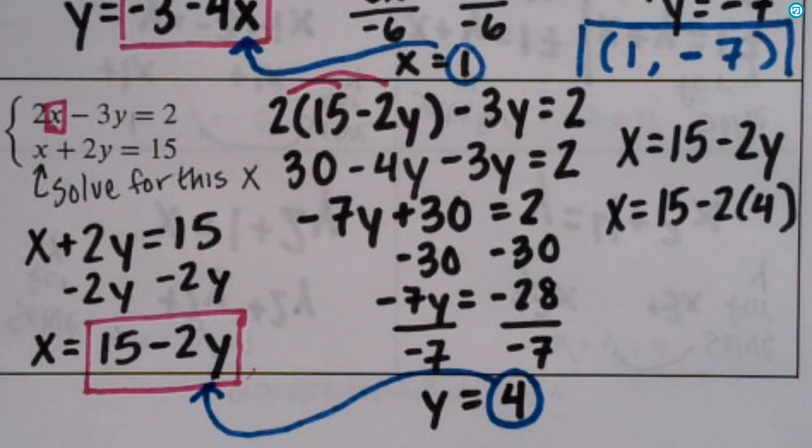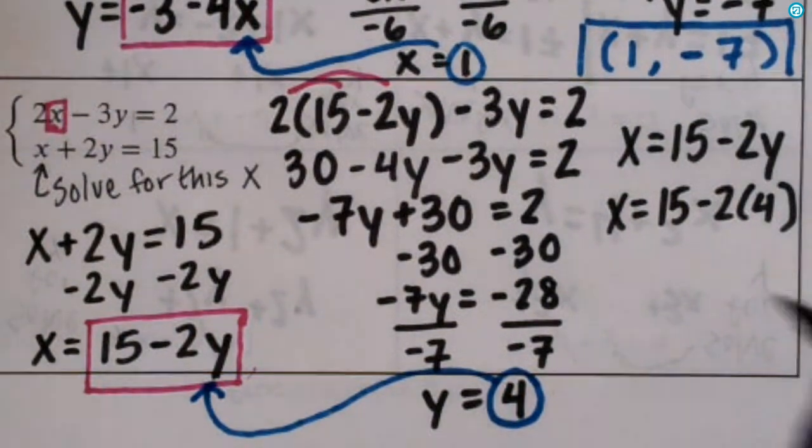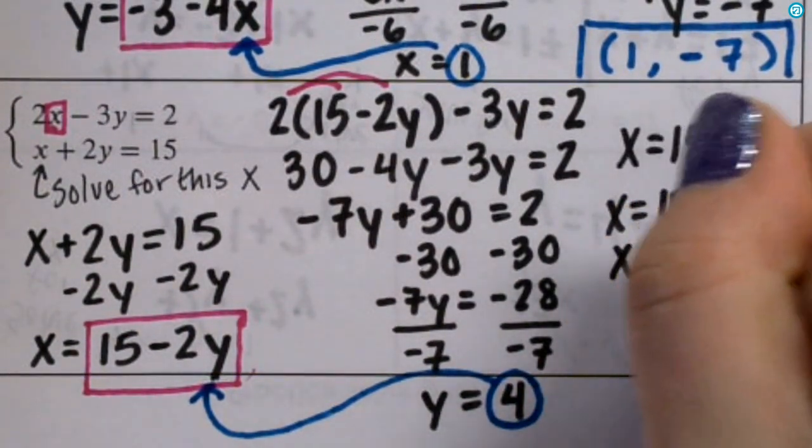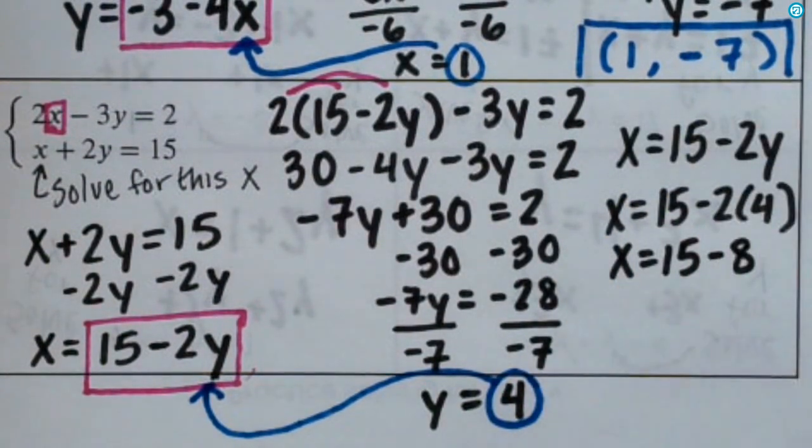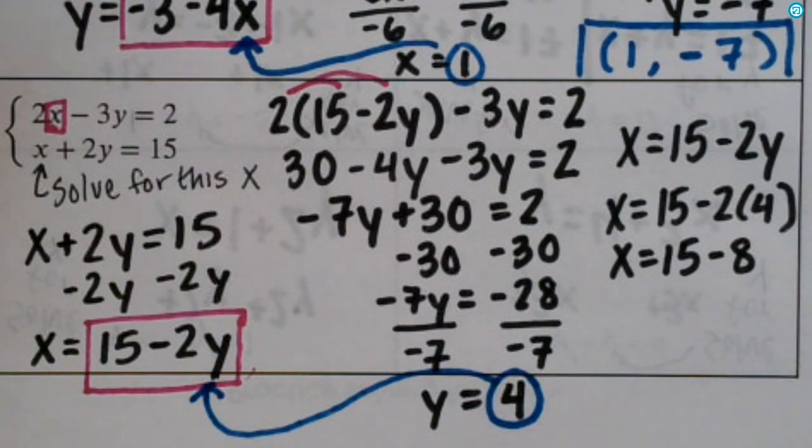Okay. 2 times 4 is 8. So now I have x equals 15 minus 8. And then 15 minus 8 is 7. So I get x equals 7.